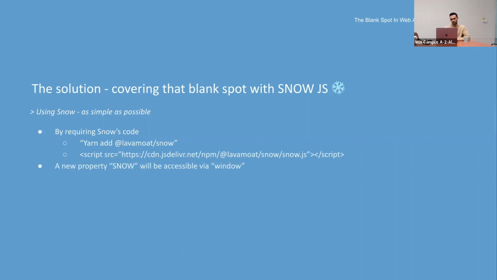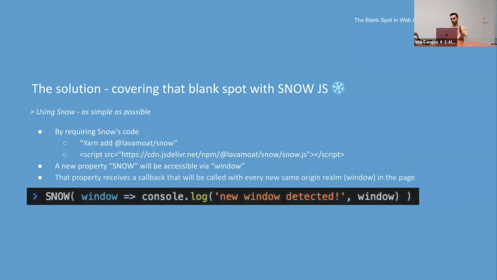The API is called Snow. And it's as simple as that: you just pass a callback to Snow, and every time a new realm is created within the application, the global object of that realm is passed on to the callback that you provided.